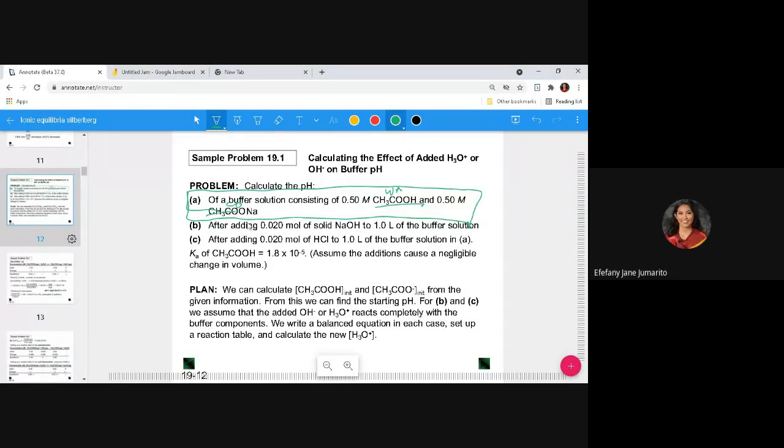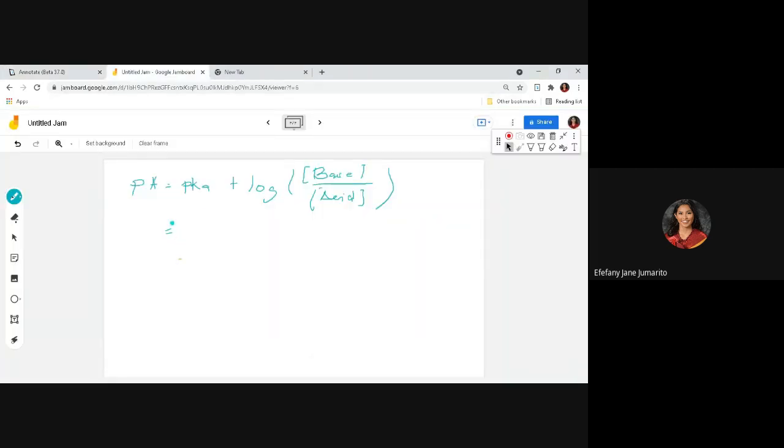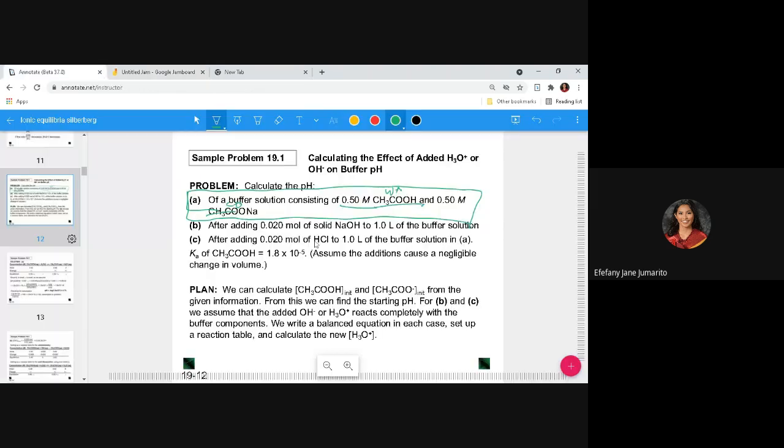Now, how do we calculate this one? A buffer solution consisting of 0.50 molar. So we are going to calculate the pH. pH is equal to pKa. What's the value of pKa? Is Ka given?